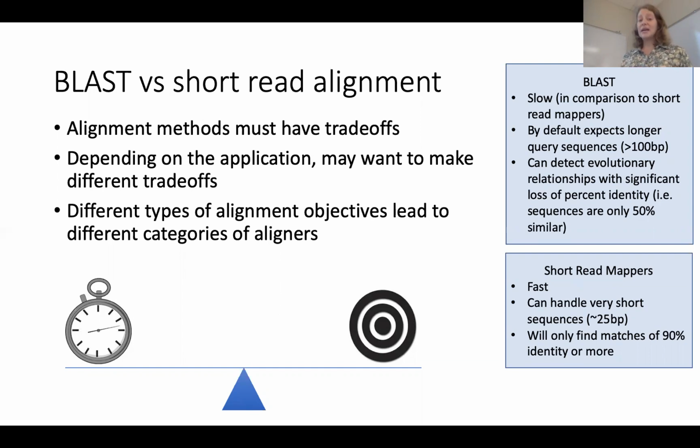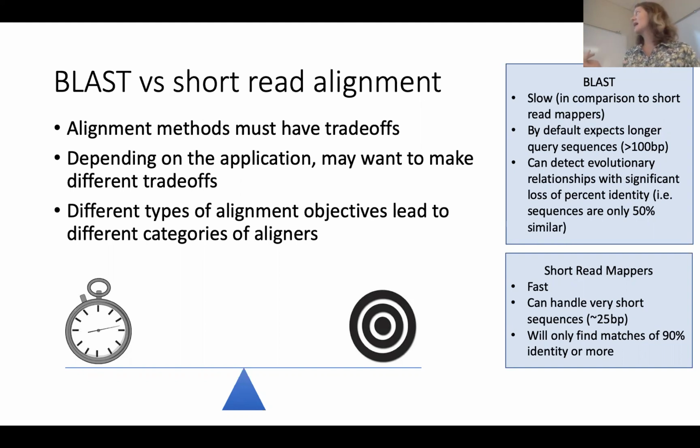But on the plus side, it can detect evolutionary relationships even after a significant loss of percent identity. So we could take a human protein and a plant protein and potentially find homology. There may only be 30% remaining sequence identity, but BLAST is sensitive enough to detect that.